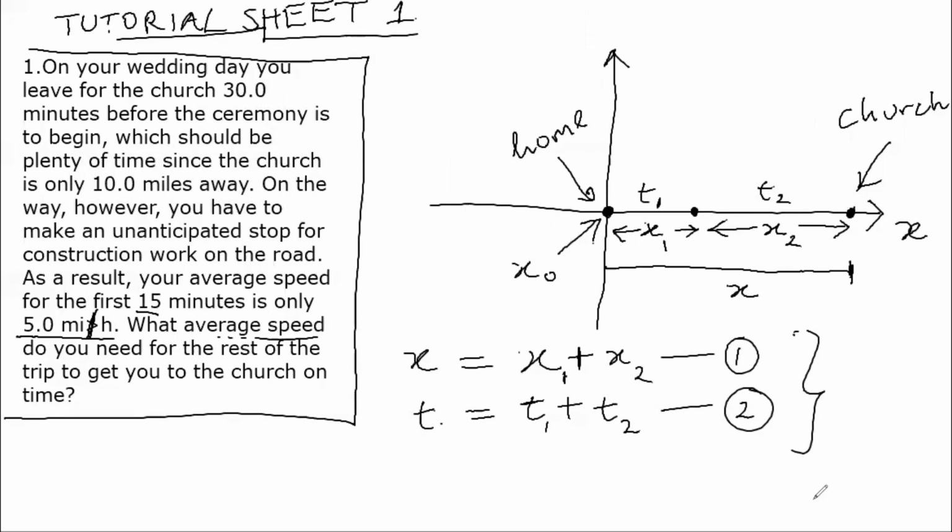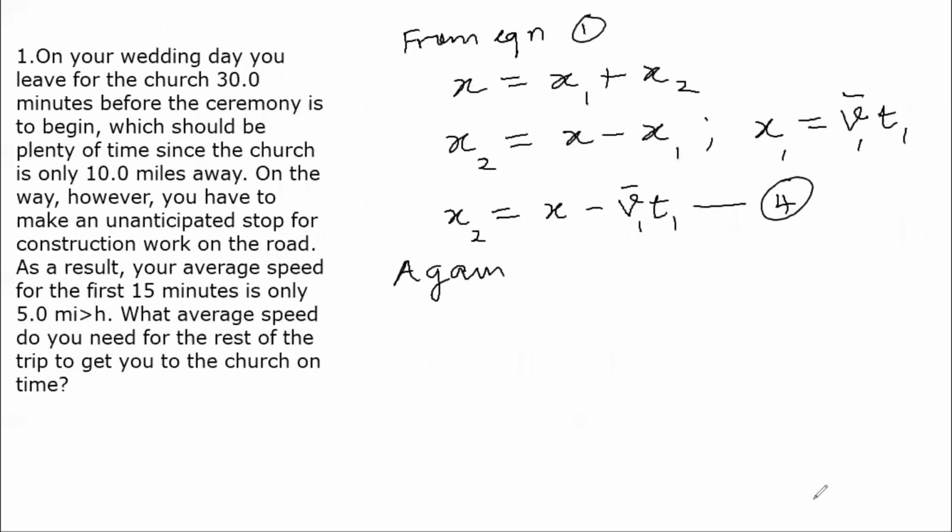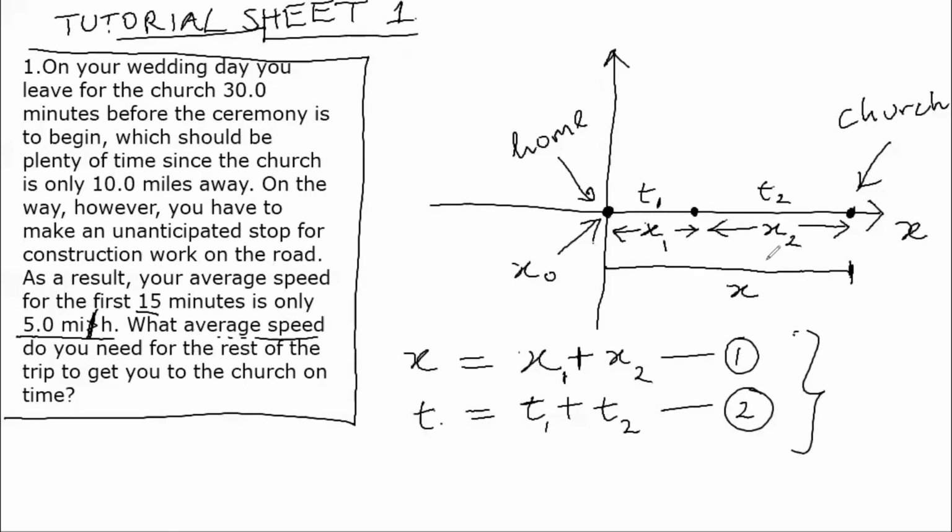So when I consider the second part of the motion, the average velocity for the second part will be given by the displacement that has been covered. In this particular case, it is the total distance x minus this x1. This is just what has been covered here.